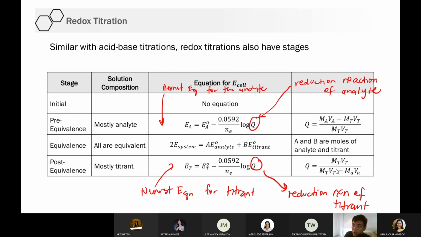Q is already given here, so this is the corresponding equation to get the Q. MAVA is the molarity of analyte times volume of analyte, and MTVT is molarity of titrant times volume of titrant. The reaction will be reversed if that's post-equivalence point.